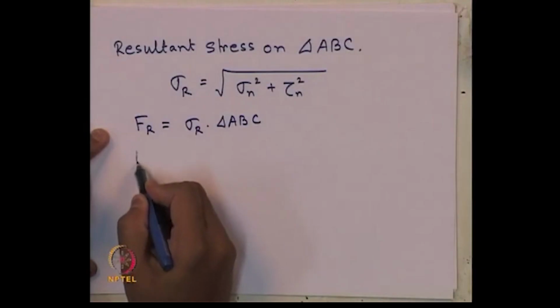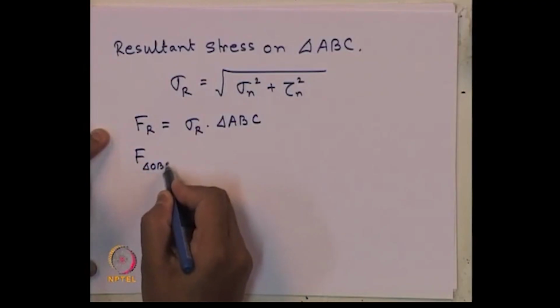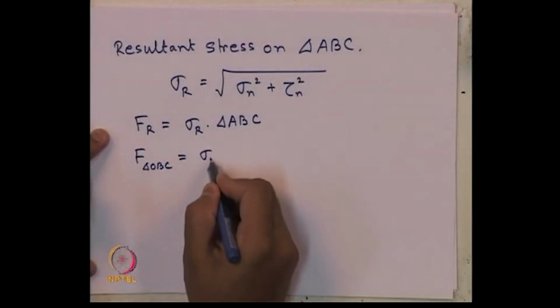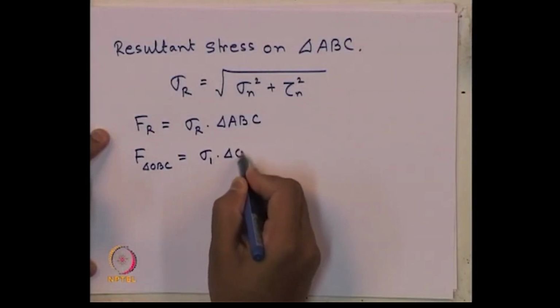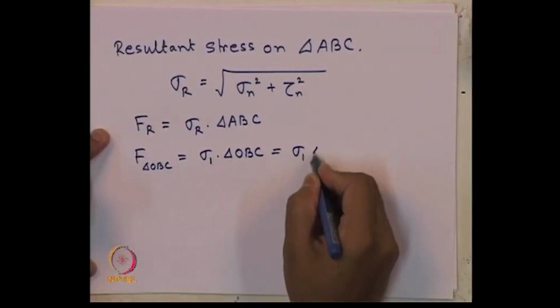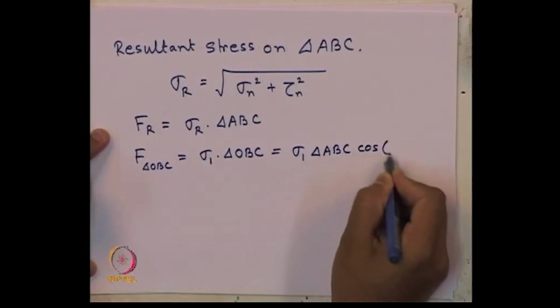Now, what is the force acting on plane OBC, that is a principal plane? That is sigma 1 times area OBC, which is nothing but sigma 1 ABC cosine n1.